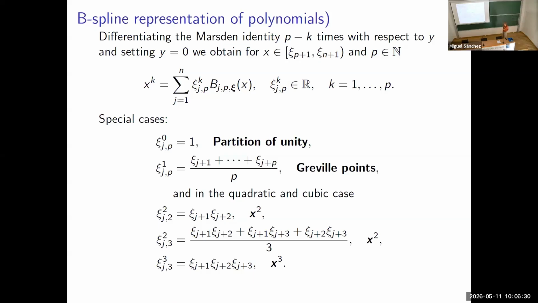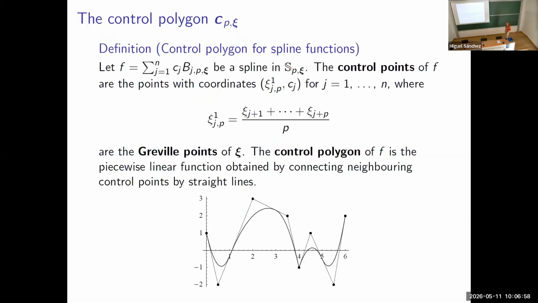If you want to represent x squared as a sum of quadratic B-splines, the coefficients are the product of two of the interior knots. In the cubic case, for x squared you have a sum of those interior knots in this way, and also for x cubed. So then you have an explicit representation of any power function as a linear combination of B-splines.